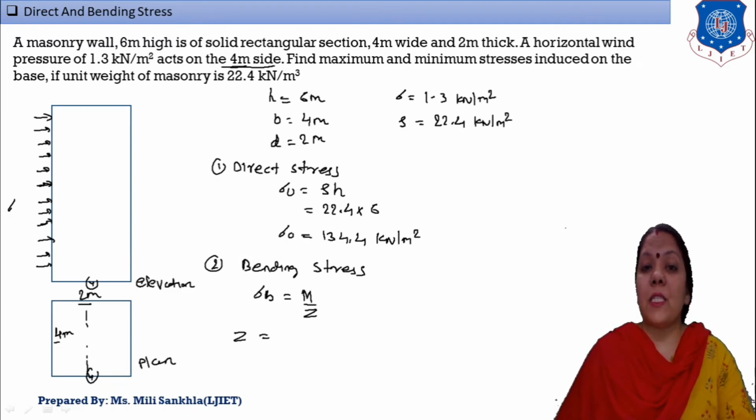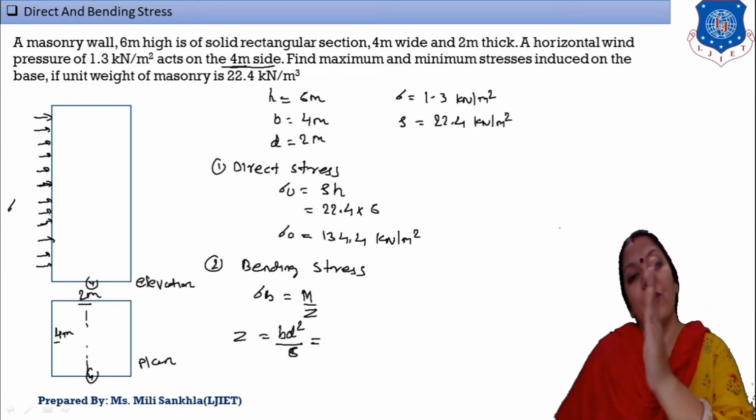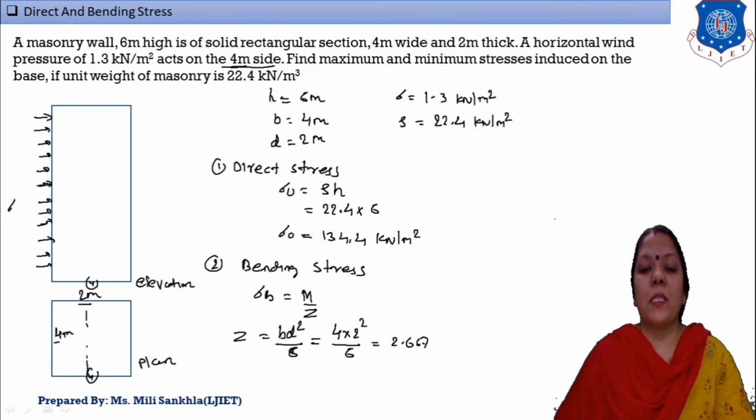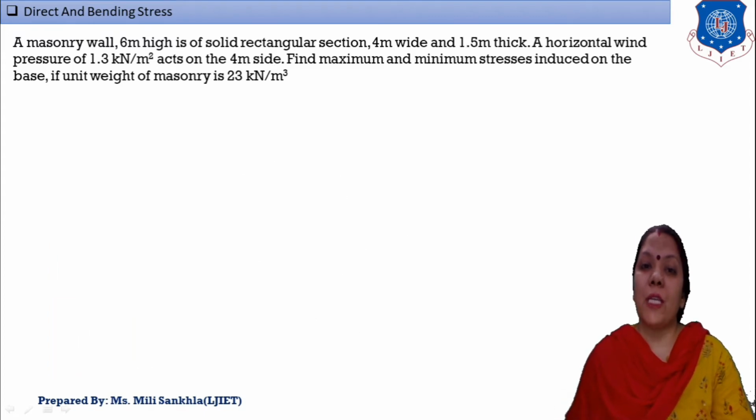This dimension is b and this dimension is d, and wind pressure acts along the y-axis, so our equation of Z is equal to bd square by 6, because wind pressure acts along the y-axis. B is given 4 and d is given 2, so 4 into 2 square by 6, and my answer of this section modulus is equal to 2.667 meter cube. Here we first find out the section modulus.